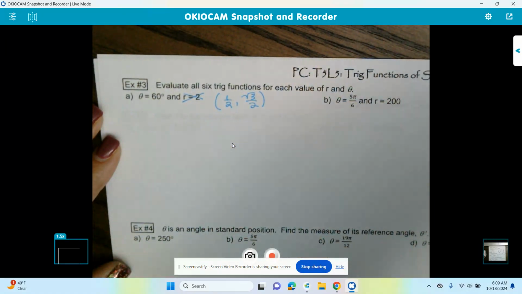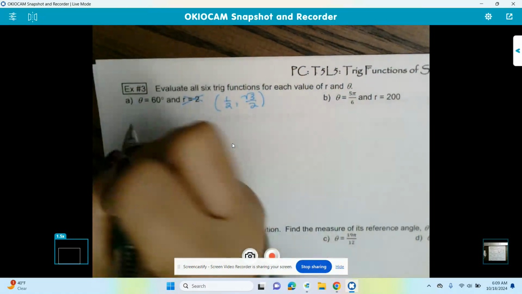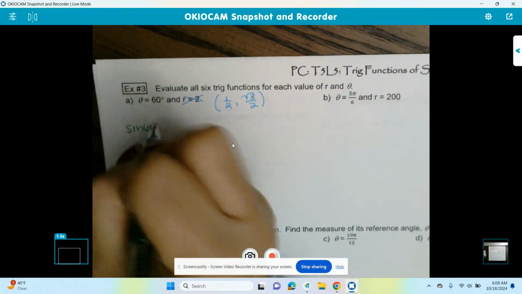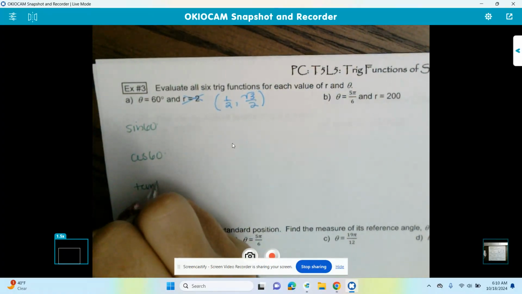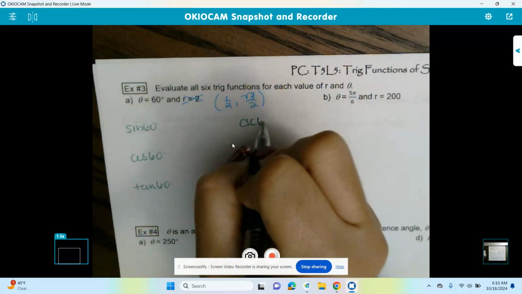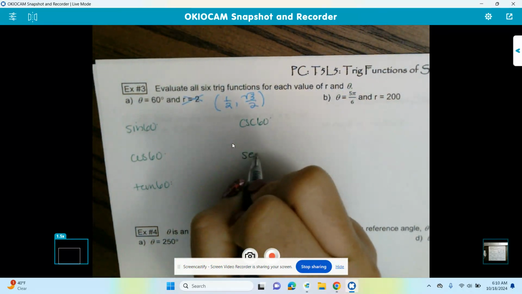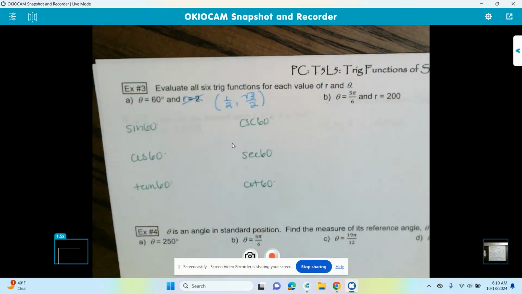Okay, so I need to do all 6, don't I? Oh, wow, all 6. Okay, so sine 60 or theta, cosine 60, tangent 60, and then cosecant 60, secant 60, and cotangent 60.